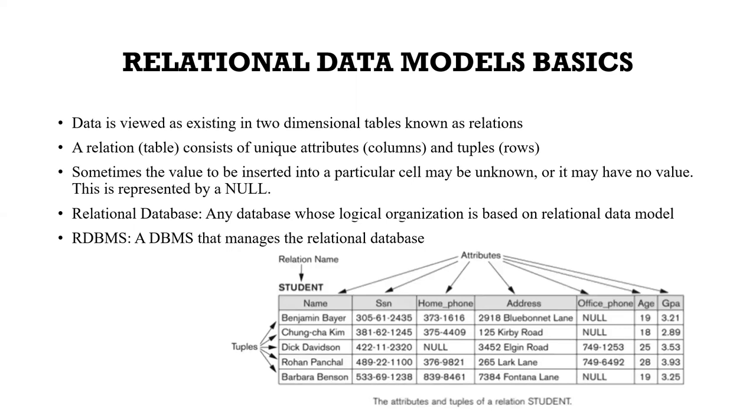Generally speaking, a relational database is a database whose logical organization is based on the relational data model. The RDBMS manages the relational database. Simply speaking, a relational database is about the relationships between the tables for the entire database. Let us take a university example database. The university database is the root.